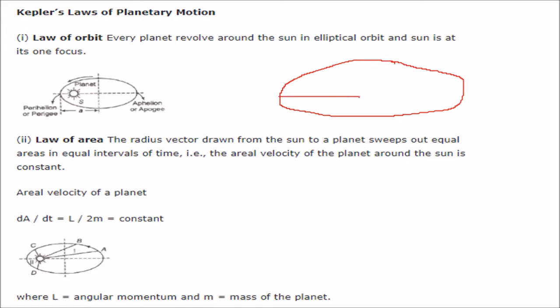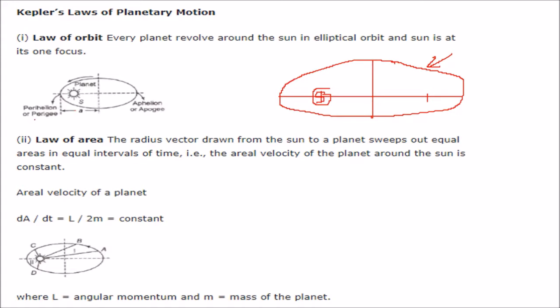Then we have this as the major axis, this as the minor axis. For an ellipse we have two foci, one here, one here. Then the first law, which is the law of orbit, says that every planet revolves around the sun in this elliptical orbit when the sun S is at one focus.